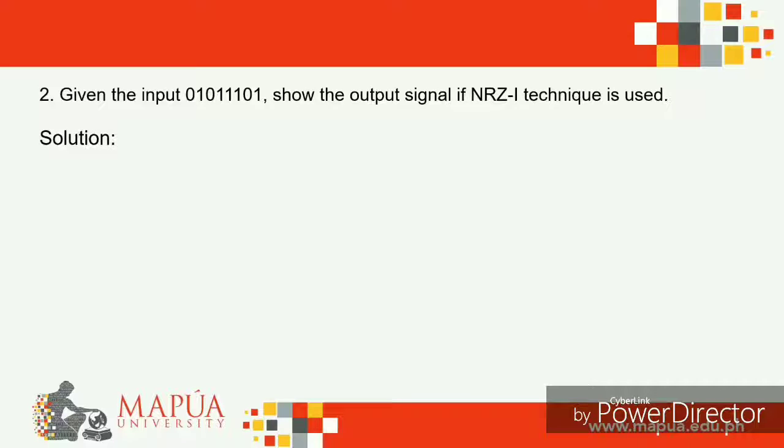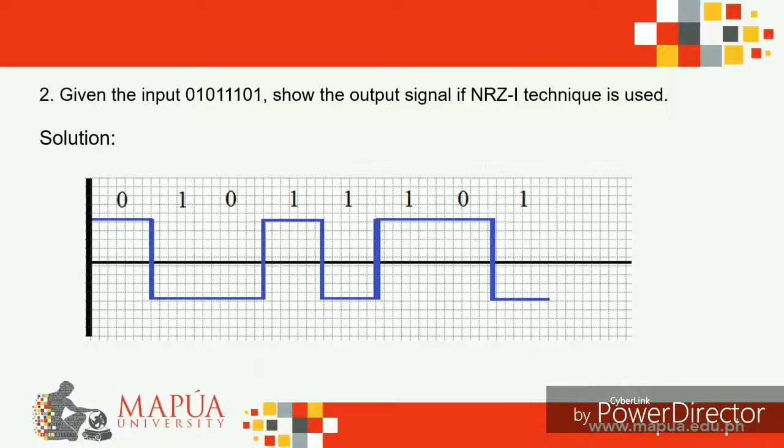We must know that in this technique, NRZ-I, or non-return to zero inverted, the state of the output signal only changes when the binary bit is 1. Therefore, when it is 0, the state of the signal remains the same.